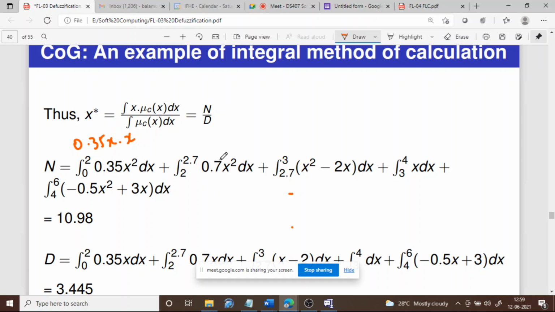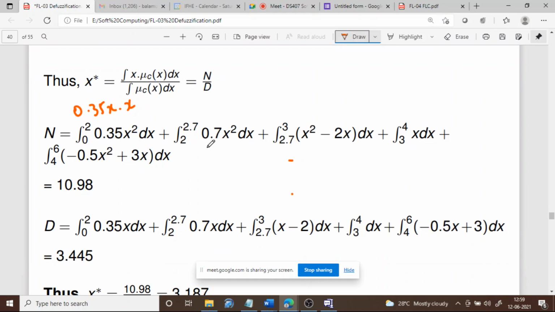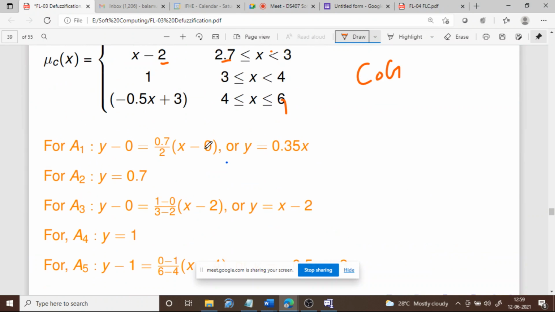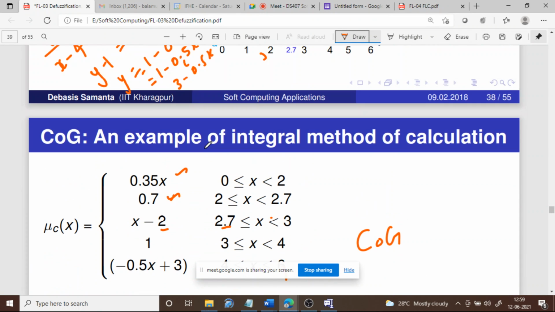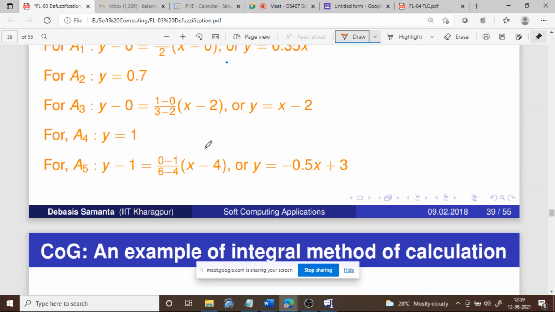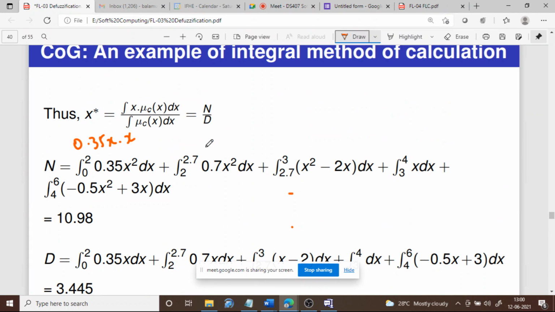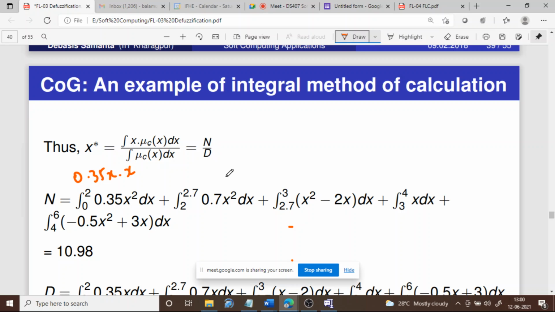Similarly the next one is 0.7 into x. I don't think the x squared is there here.